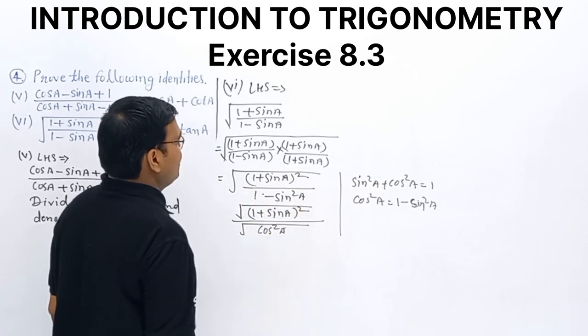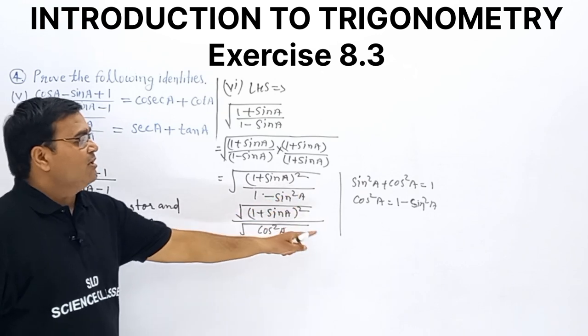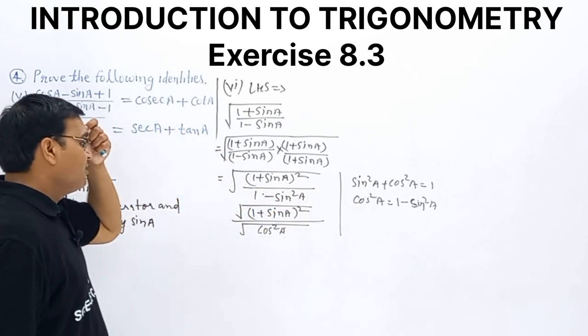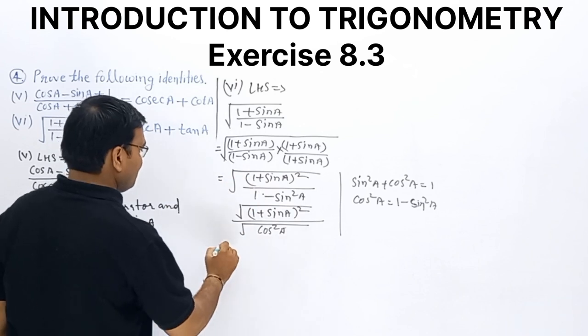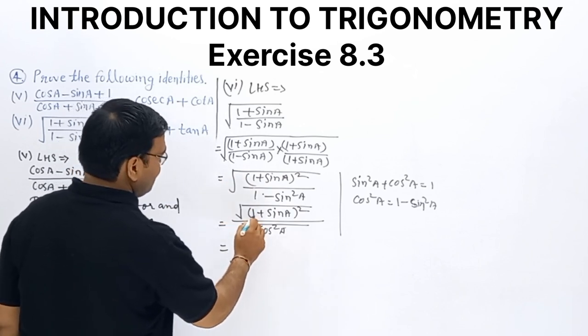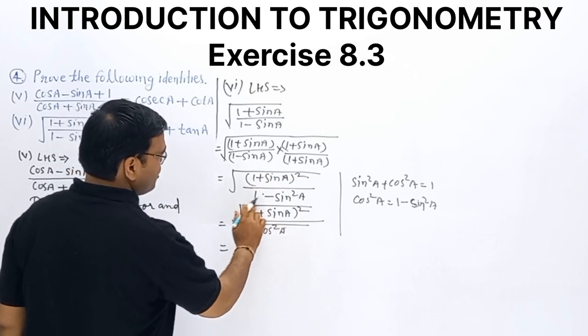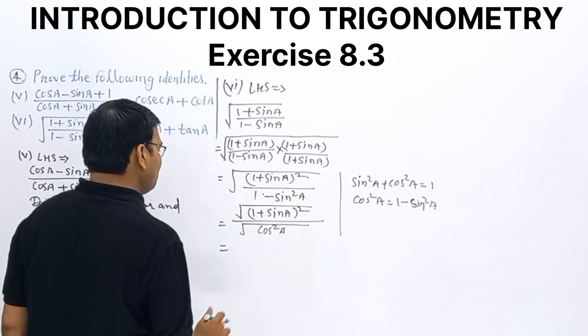Clear? 1 minus sin square A can be written as cos square A, and we are splitting this square root into the numerator and denominator. Once we remove this square root, the power will be removed.